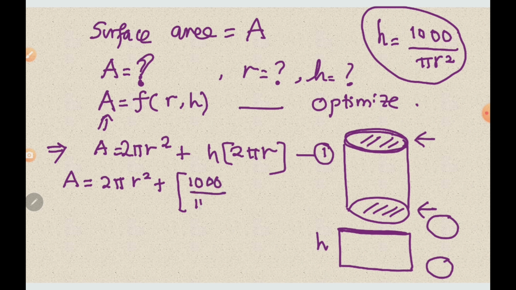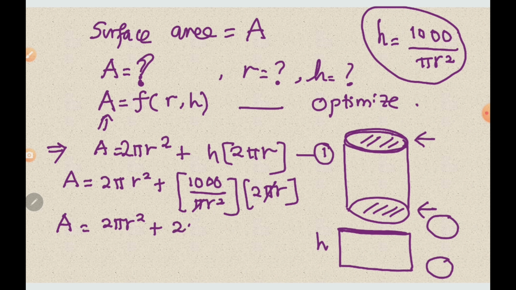over pi r squared, multiplied by 2 pi r. We will simplify to get A equals 2 pi r squared plus, we cancel pi with pi, 1000 times 2, you will get 2000 r over r squared, you divide 2000 by r.